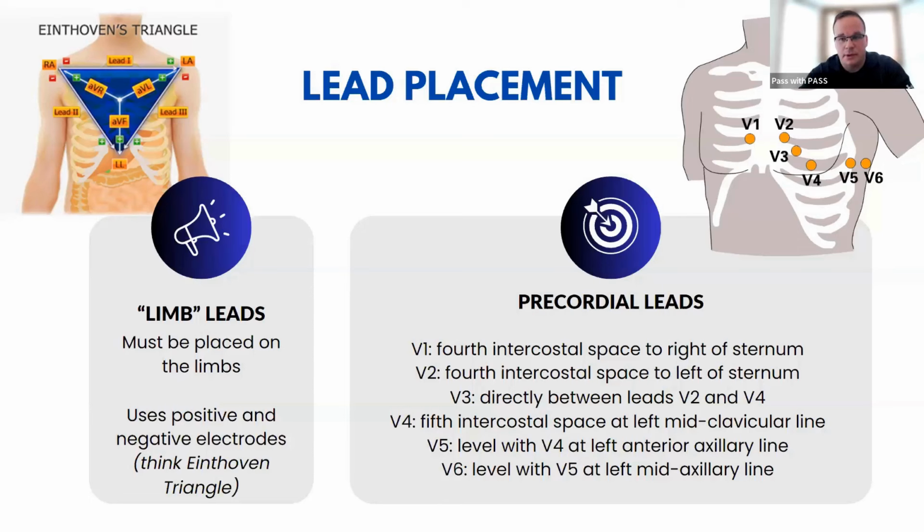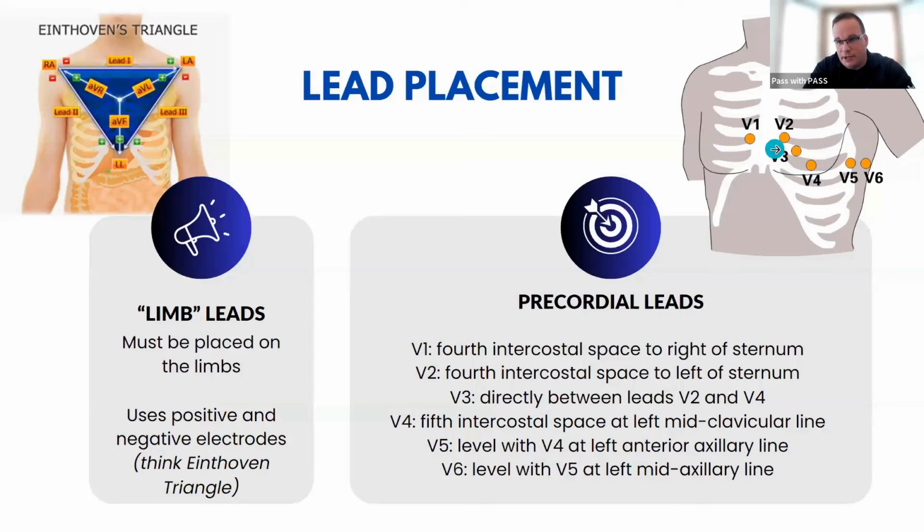So those are V1, V2, V3, V4, V5, and V6. V1 goes in the fourth intercostal space to the right of the sternum. V2 goes directly across from that in the fourth intercostal space left of the sternum. Generally, we hop down here and put V4 on at the fifth intercostal space, the left mid-clavicular line.